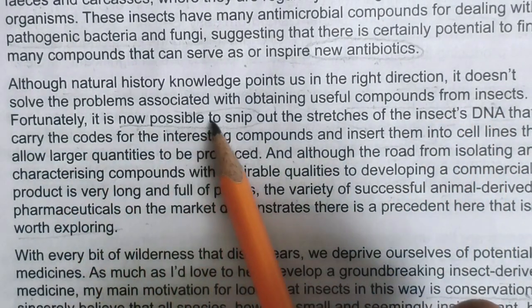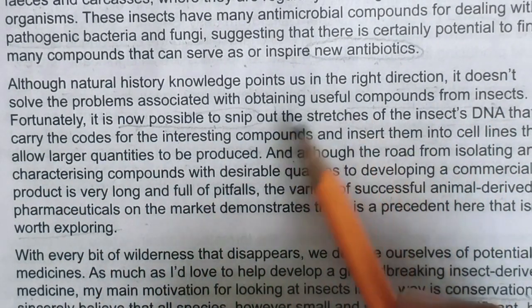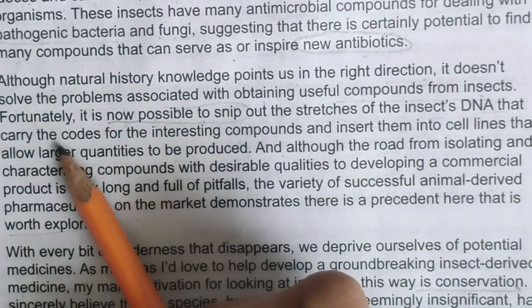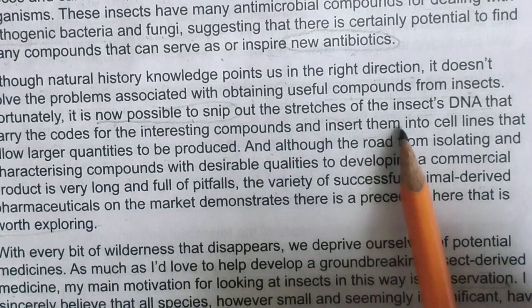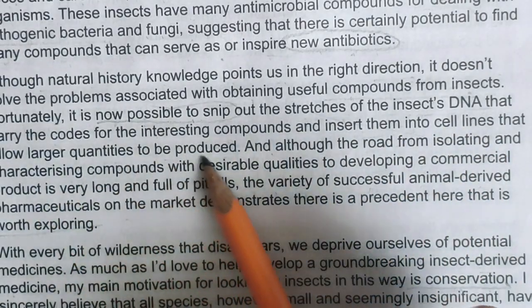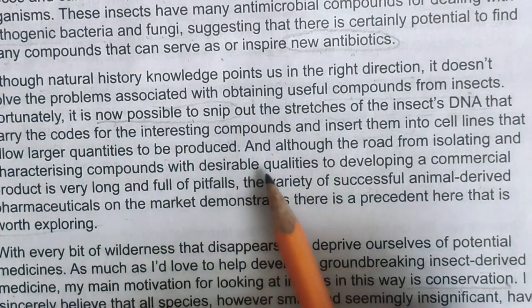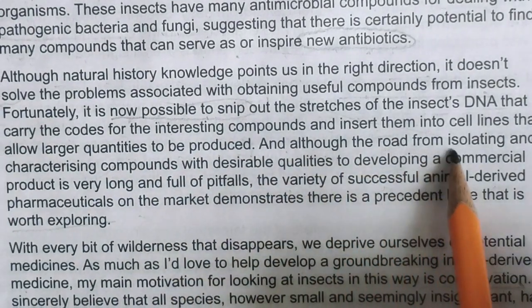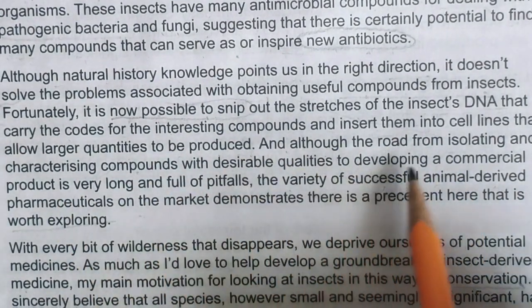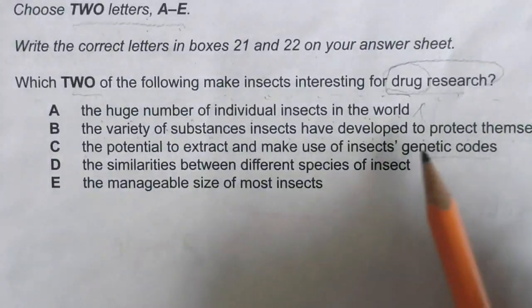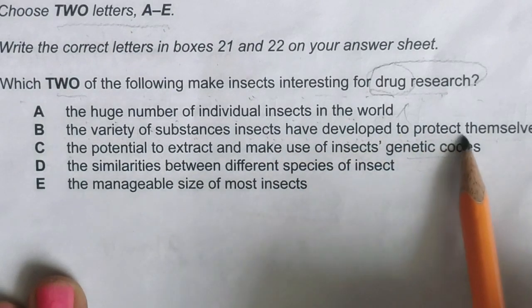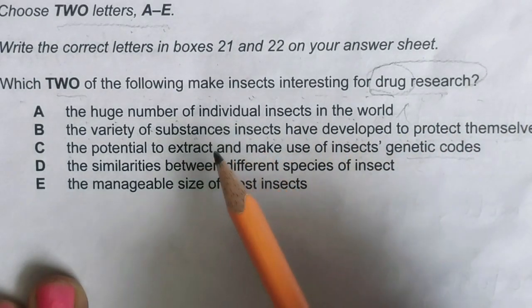Fortunately, it is now possible to snip out the stretches of the insect's DNA that carry the codes for interesting compounds and insert them into cell lines. From here you can match the proper answer: quantities to be produced, and although the road from isolating compounds is long, it is desirable. So the variety of substances insects have developed to protect themselves was given in paragraph F.